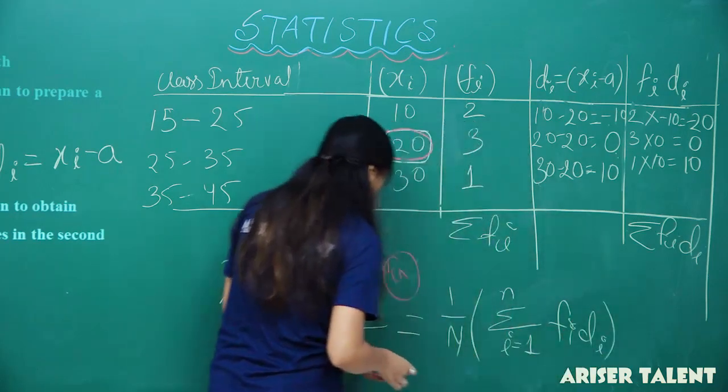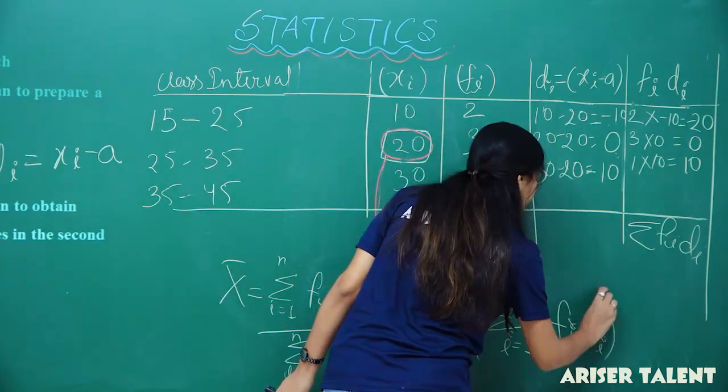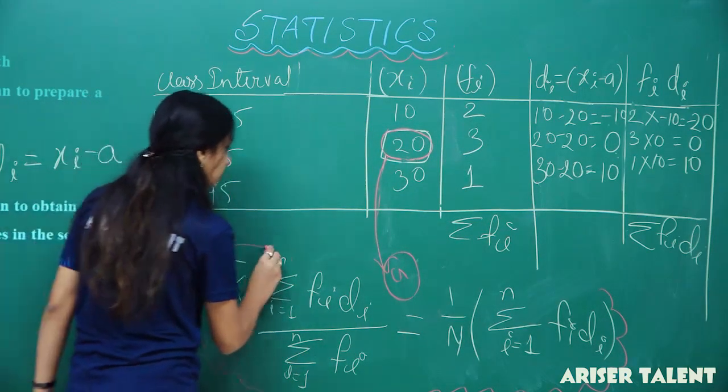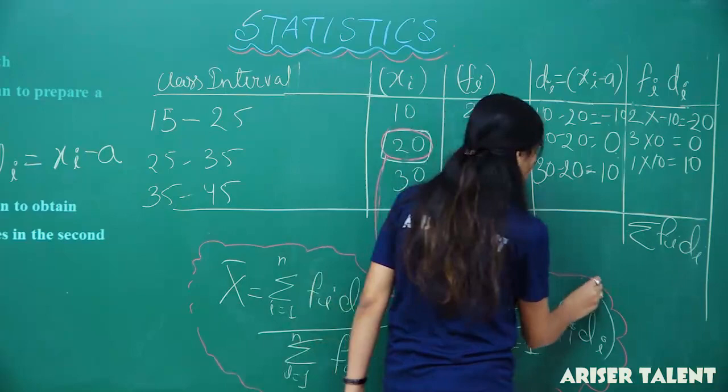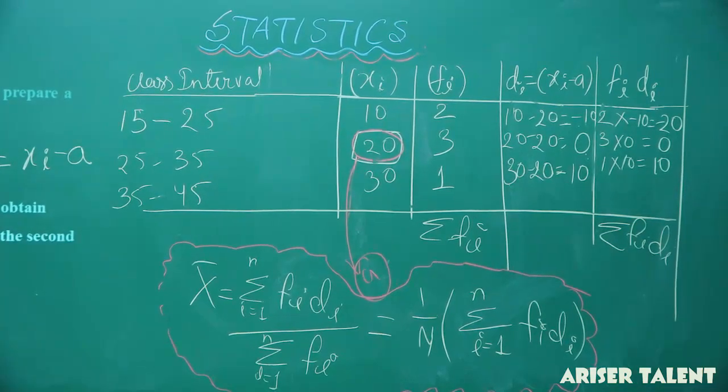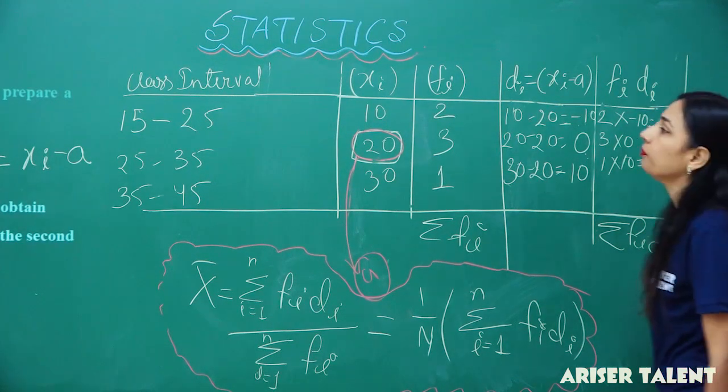These two formulas are actually correct. So this is your formula and this is the step-by-step procedure to find out the value of mean.